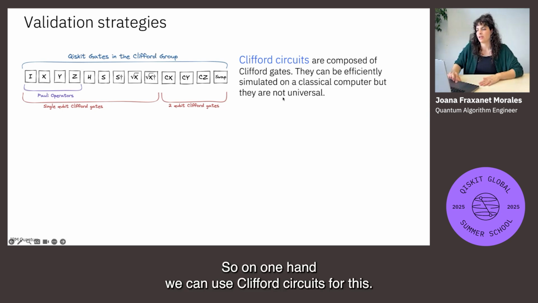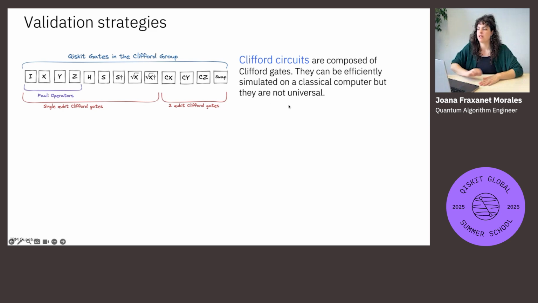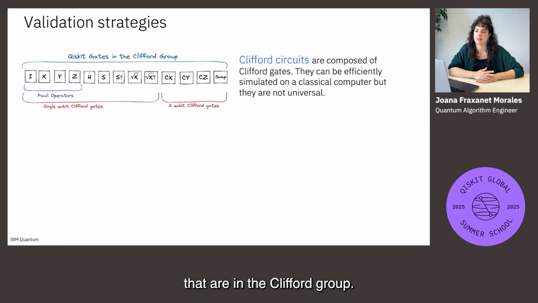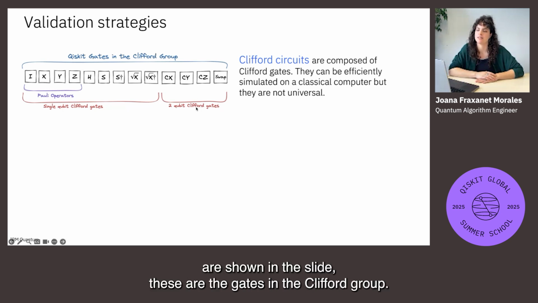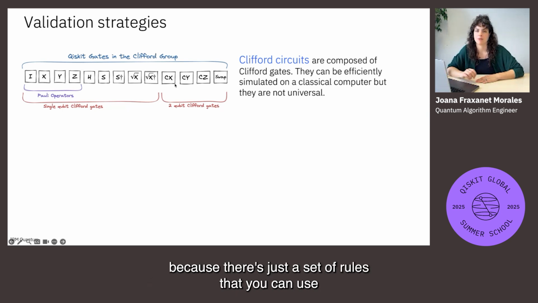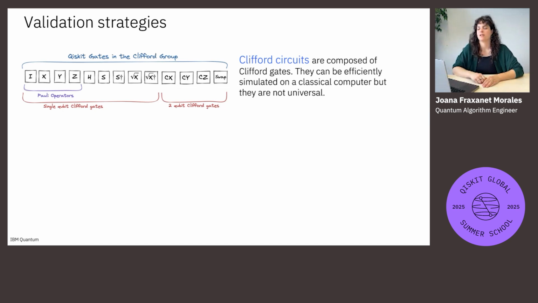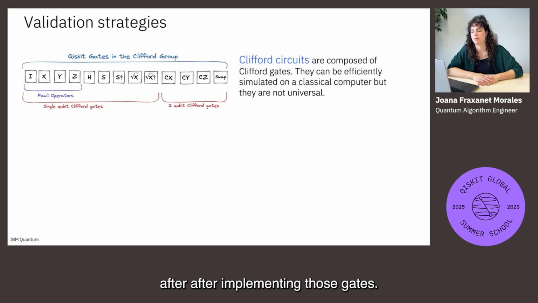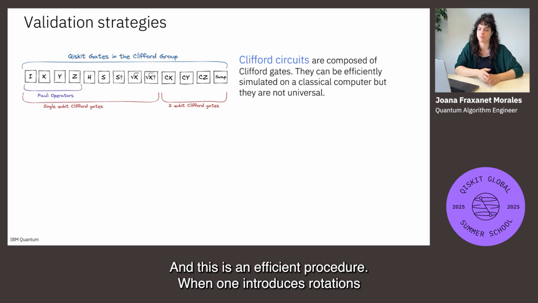On one hand, we can use Clifford circuits for this. Clifford circuits are circuits composed of a set of gates in the Clifford group. These are the gates shown in the slide. Any circuit composed of these gates can be computed classically because there's a set of rules that take the initial state to the final state after implementing those gates, and this is an efficient procedure.